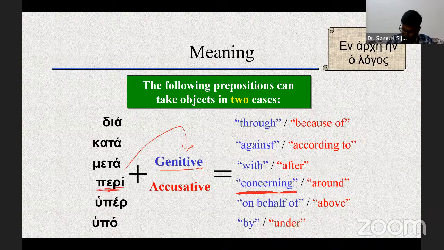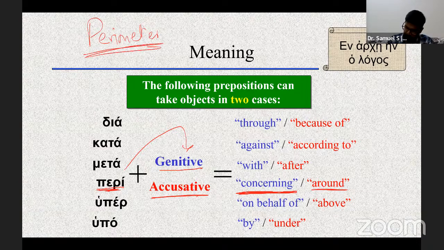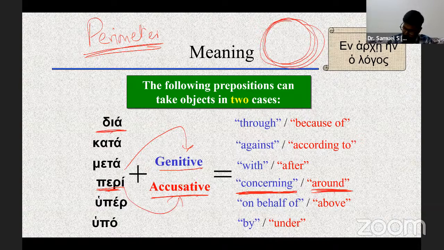Peri plus accusative is around. And the word there is perimeter, right? The meter which is around, perimeter. When you're trying to measure the thing around, perimeter. Peri plus accusative. Diameter is through. Dia plus genitive is through. Peri plus accusative is around.